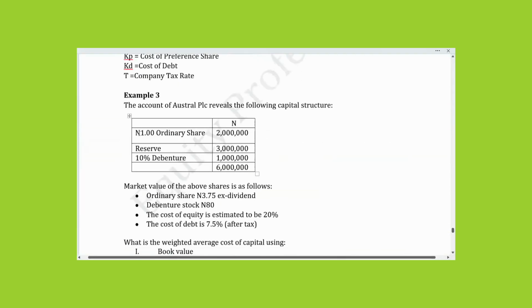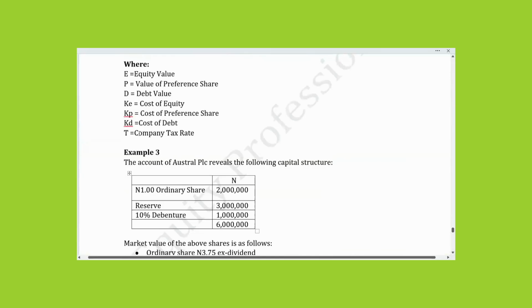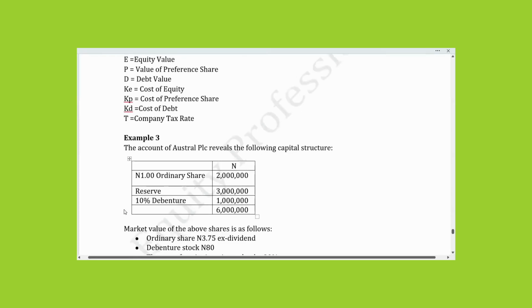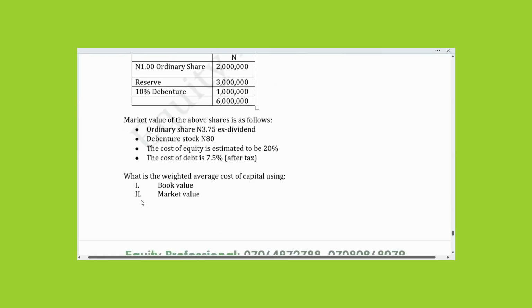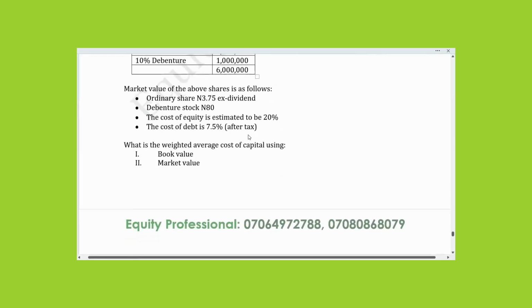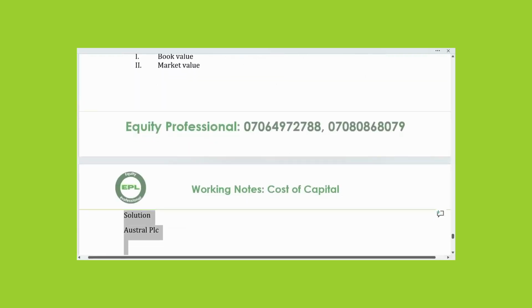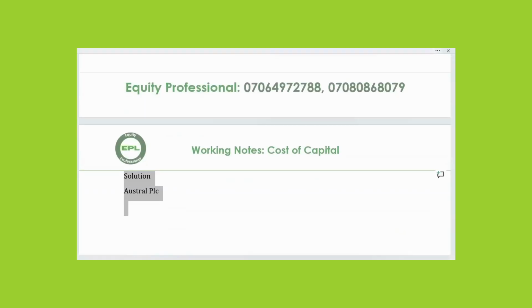Ostra PLC. Okay, so we're asked to calculate in the question, the requirement is to calculate weighted average cost of capital. All right, so I would then say calculating weighted average cost of capital.